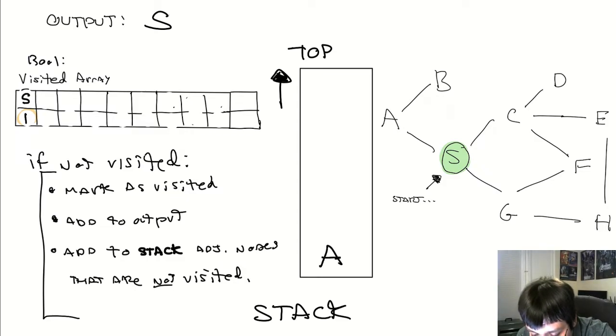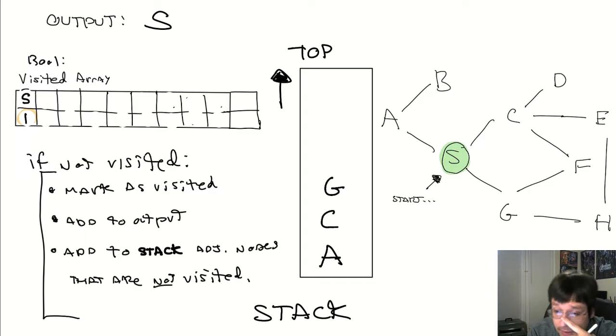So A goes in first, and then we get C, and then we get G. And we're only adding the ones, remember, that are not visited, and none of these are visited. Since they're not visited, we can add them to the top of the stack, but leave the visited array at 0 because they're not visited. I'll leave it blank because we don't have to erase everything.